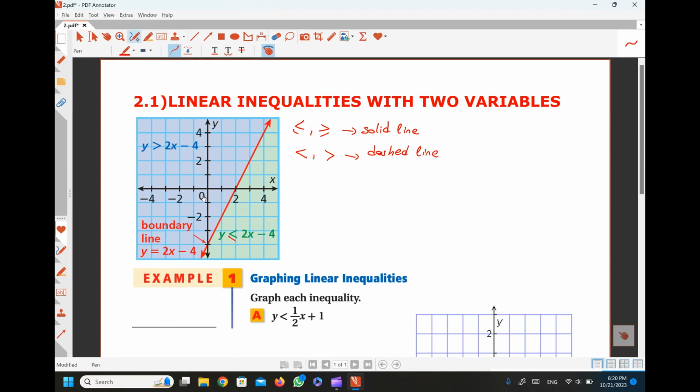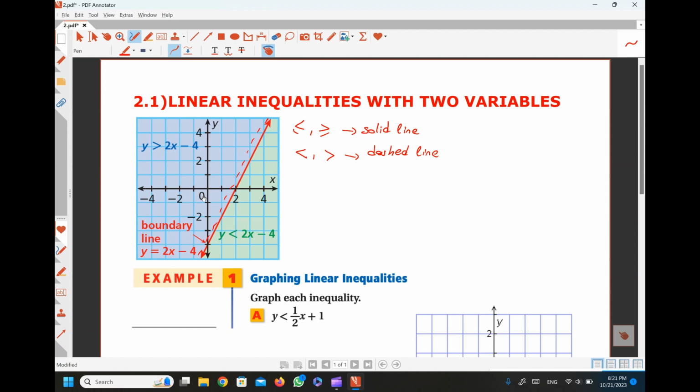When you have greater than or equal to, your line will be solid. Less than or equal to, the line will be solid. But if there is no equality, there is just less than or greater than, then you have to use a dashed line and shade the corresponding region. If it is less than, shade below the line. If it is greater than, shade above the line.